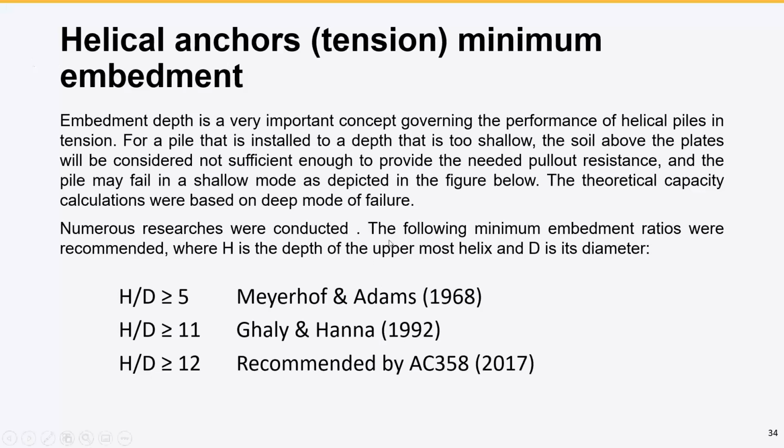So Meyerhof and Adams in 1968 came up with a minimum embedment depth that has to be larger than 5D. D is the diameter of the uppermost helix, which is the largest helix diameter anyway. So if you have only a single 12-inch helix, based on Meyerhof and Adams, that means it has to be 5 feet deep, okay?